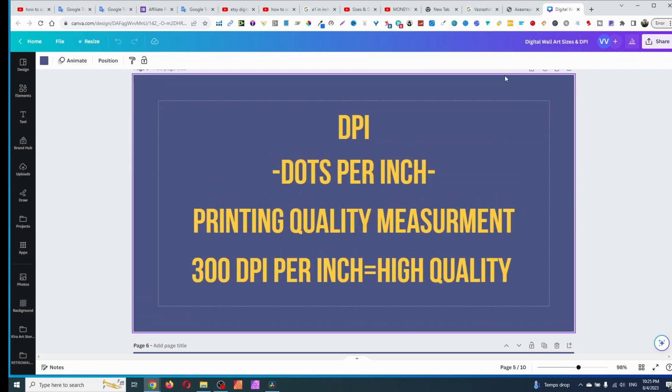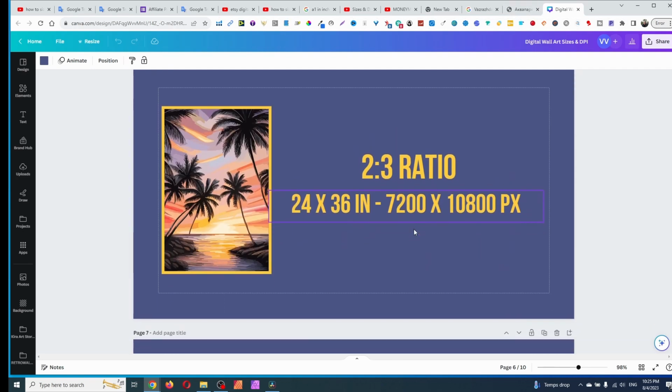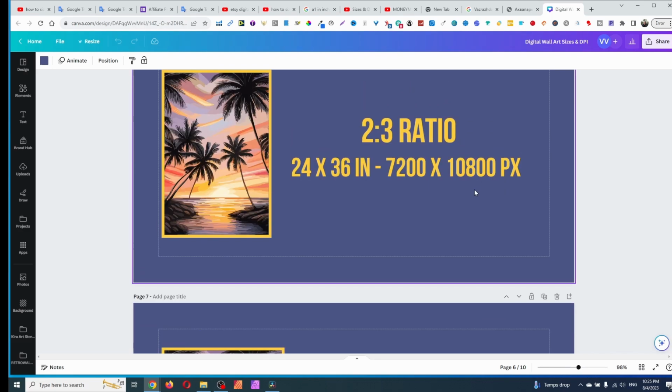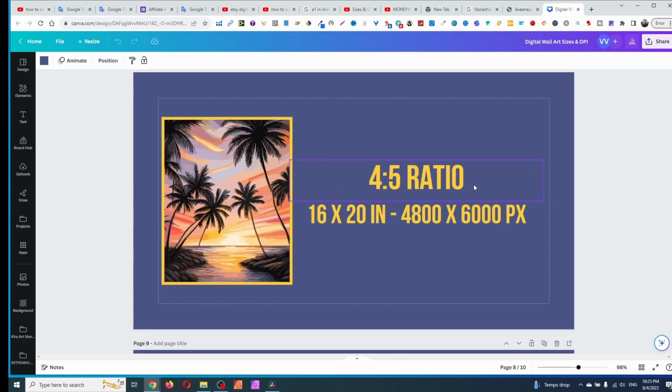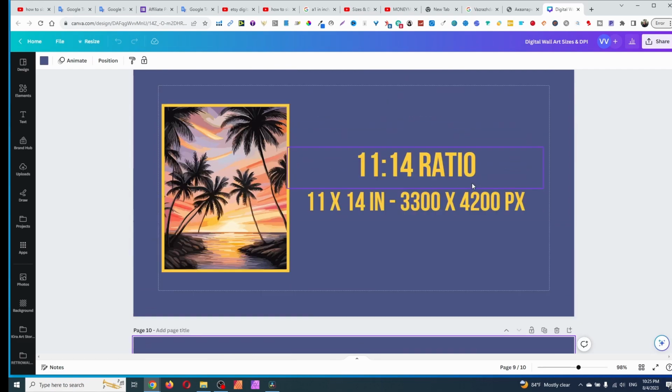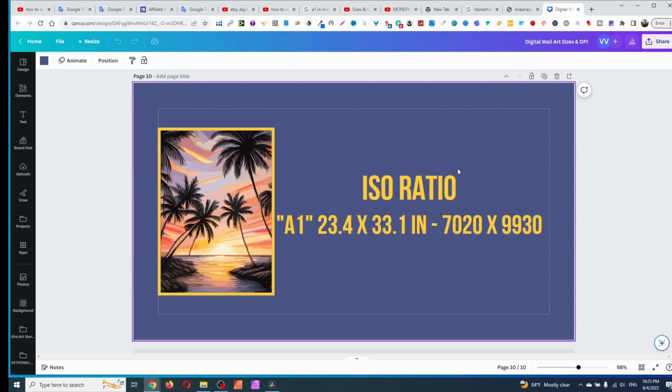So DPI stands for dots per inch, and for our files to be high quality we need 300 pixels for every inch. And here we can see the sizes in inches and in pixels: 2 by 3 ratio, 3 by 4 ratio, 4 by 5 ratio, 11 by 14 ratio, this is the easy one, and ISO ratio. And in my next videos I'm going to create the files.